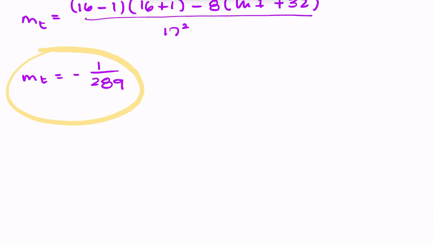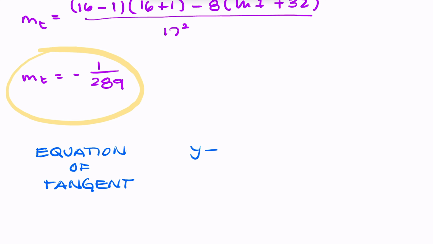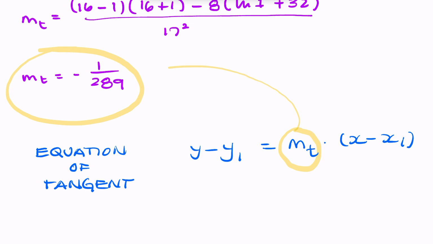So now we know the gradient, we can write the equation of the tangent using the coordinates of the point and the gradient. So y minus y1 equals m times x minus x1. So m is what we've just found. y1 and x1 we found earlier.